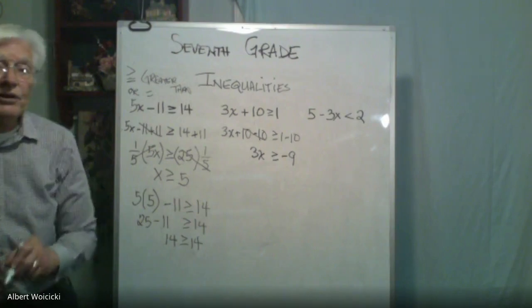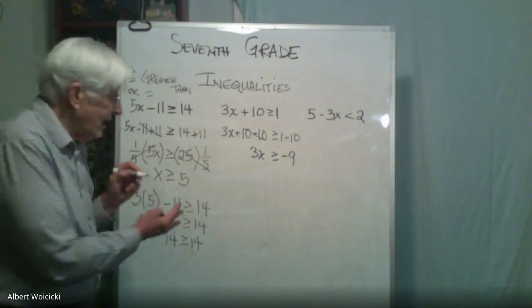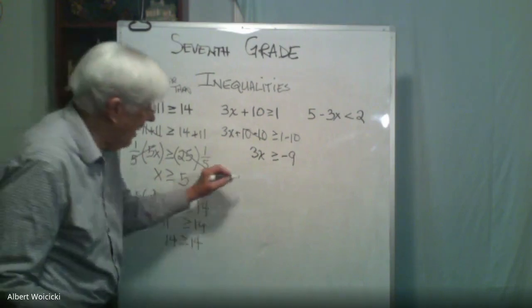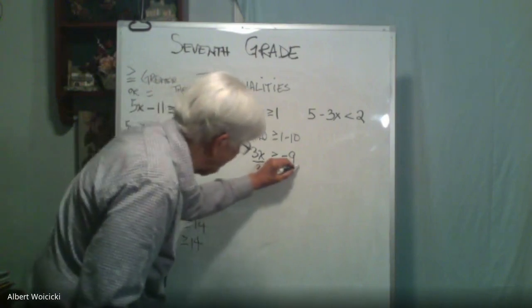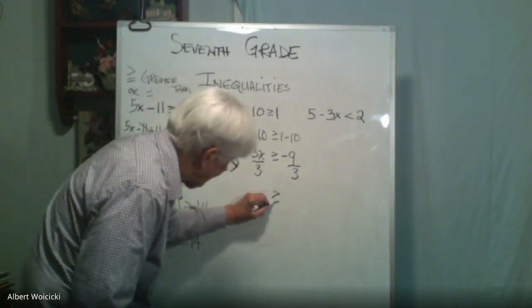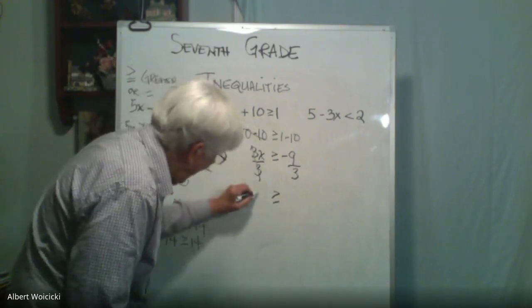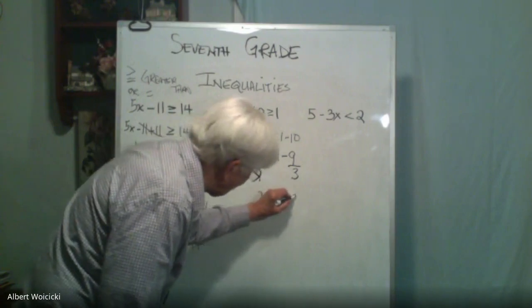Now, what are we going to do to get rid of the 3? We have to, again, multiply by a third or divide by 3 on both sides. This time I'll choose to divide by 3 on both sides. Okay? And x is greater than or equal to the opposite of 3.